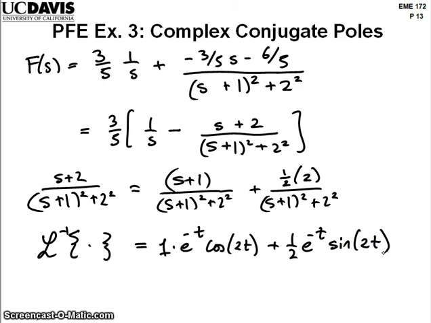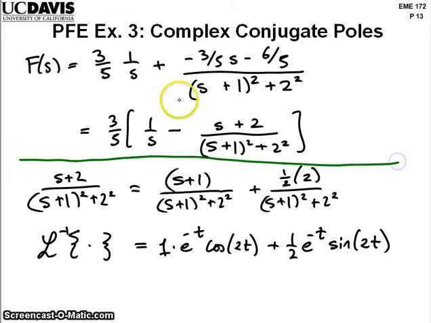So I took care of what I just did. I'll put a little bar here, so I'm only dealing with this second part of it. And the first part, well, that one's easy because it's just a unit step.